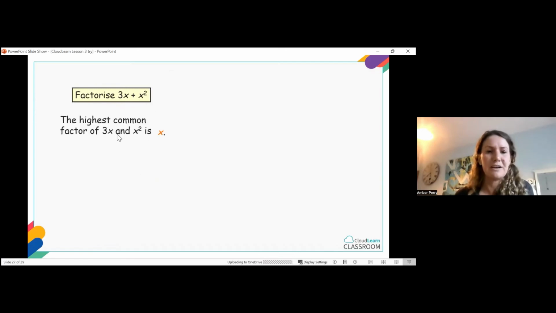So the highest common factor of 3x and x squared is x. Dividing both of those terms by x, 3x divided by x is 3, and x squared divided by x is x. So that's what's going to be inside the bracket. So the final answer is going to be x multiplied by 3 plus x. Okay.